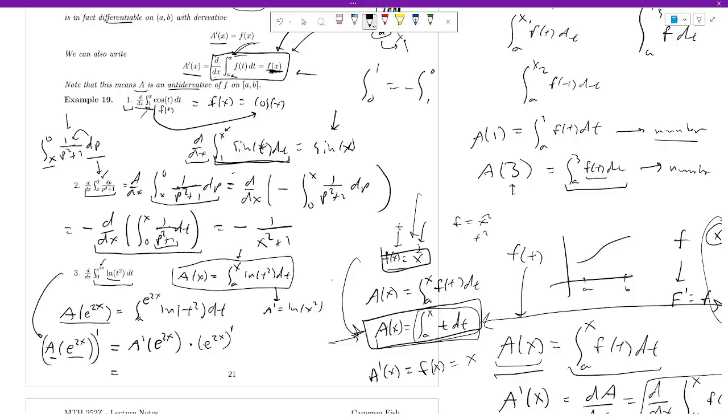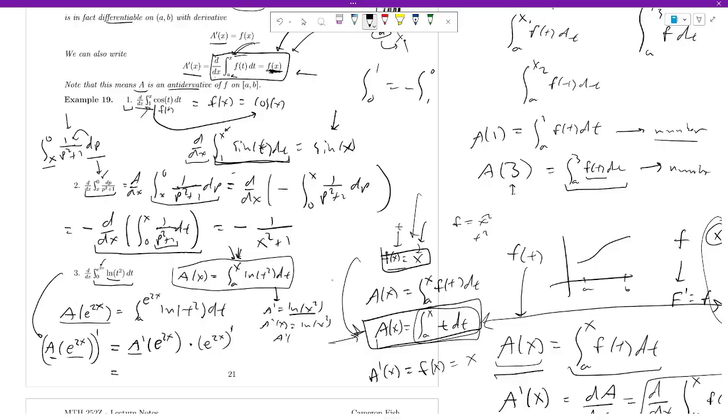That's just normal fundamental theorem of calculus, because I have just x, regular x, on the top here. The derivative is just the inside function with x plugged in, the integrand with x plugged in. So here, it's going to be log of my input squared, right? So a prime of x is log of x squared.